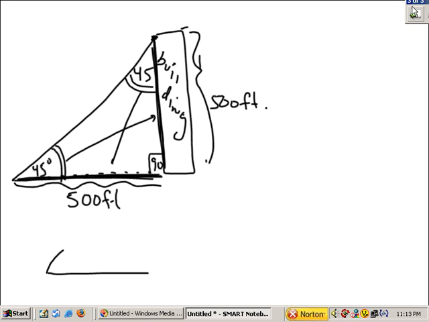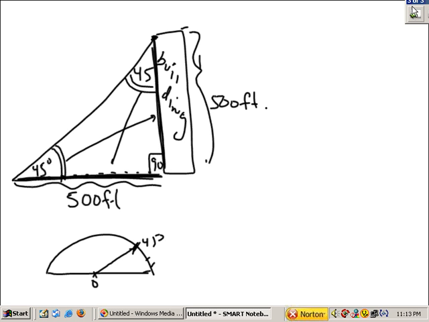Maybe these days you can find a protractor. Here's the 0, 10 degrees, 20 degrees. Eventually you get 45 degrees. And I suspect you can get one that has a laser beam.